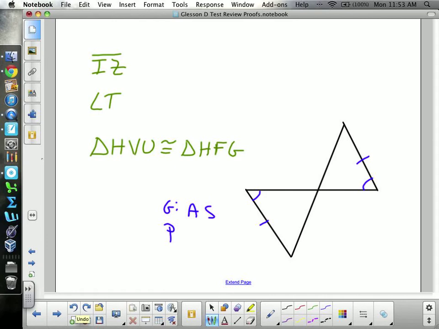What does the picture give me? Vertical angles. Mark it in. So my shortcut is going to be what in this case? Side angle angle. Actually, we go angle, angle, side. We always do it in that order. Not side, angle, angle. Angle, angle, side.